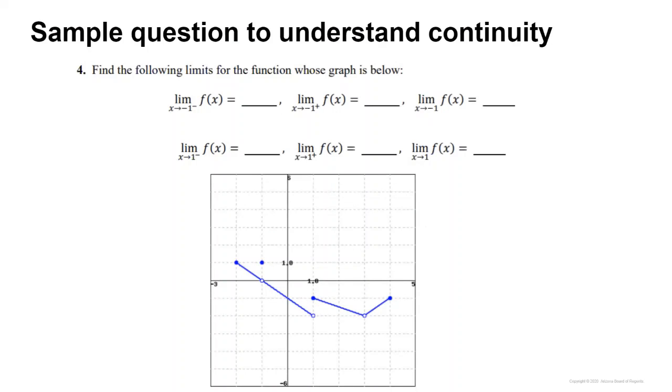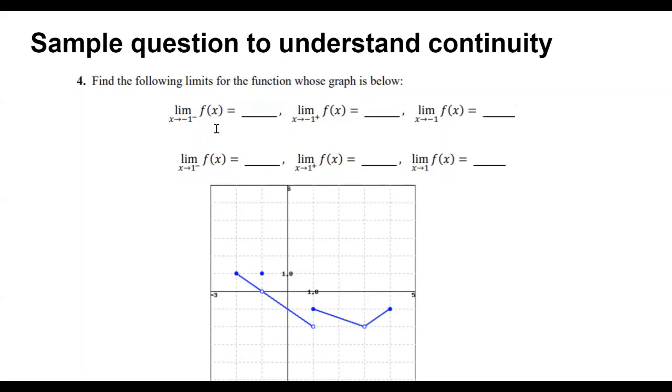Suppose this is your question. The given graph is on the screen and you need to figure out limit of x tends to -1. To figure out whether it exists or not and what it is, you need to figure out individually for x tends to -1 from the left and x tends to -1 from the right. For this part, we'll look at the graph and point to -1, which is at this point.